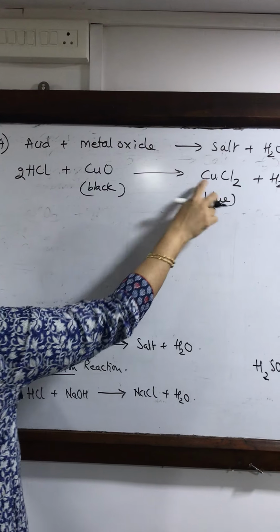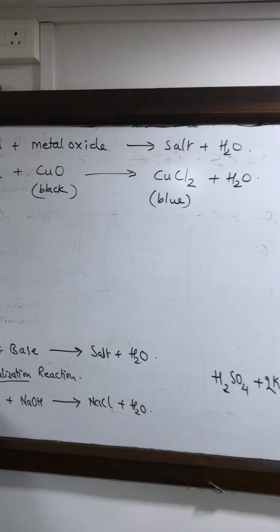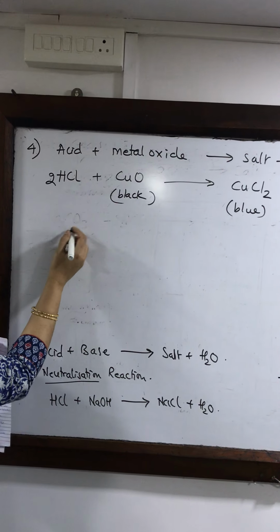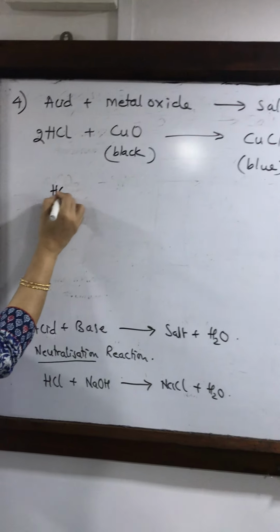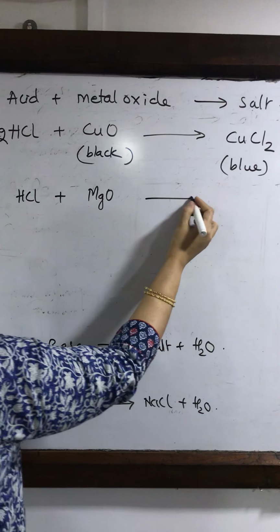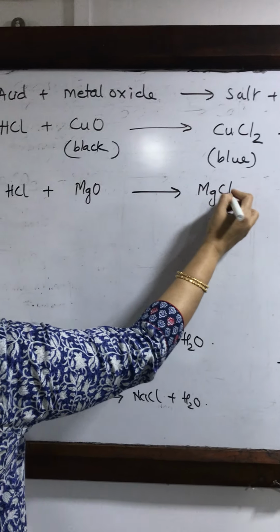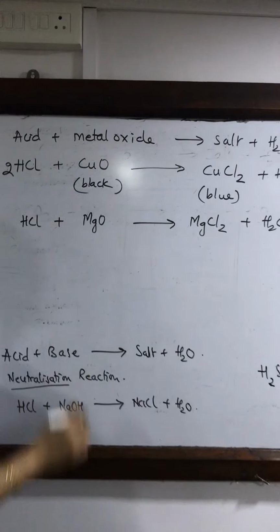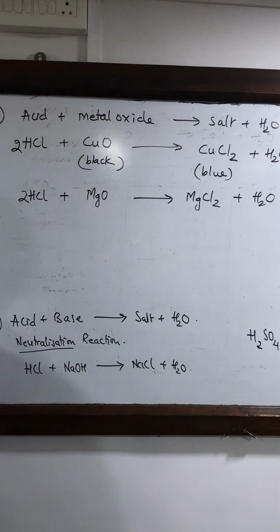Copper we have 1 on both sides and 1 oxygen on both sides. Similarly, if you take hydrochloric acid and treat it with magnesium oxide, you will get magnesium chloride and water. To balance it, we multiply by 2.